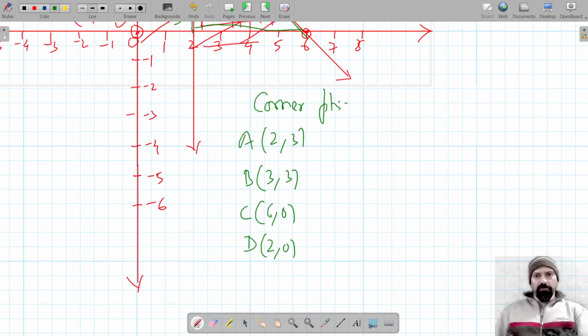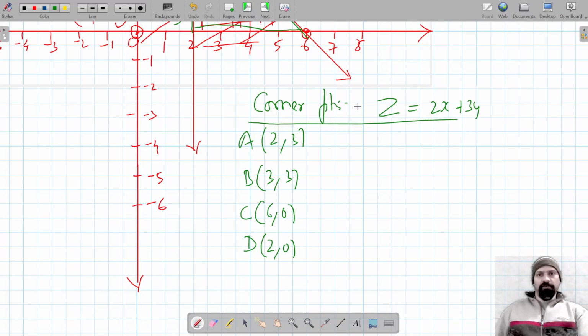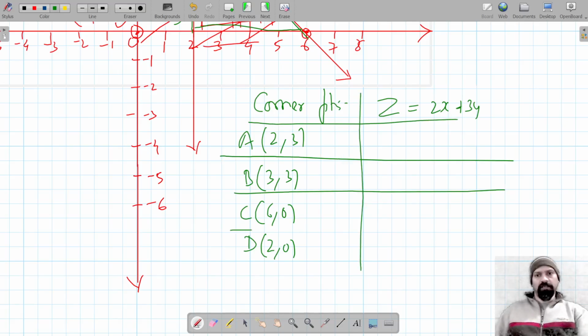Okay, so we have got the corner points, and let's see at which of these coordinates the value of z is maximum. So 2 comma 3, 3 comma 3, 6 comma 0, and 2 comma 0 are the corner points. Let's find out the value of z for these, which is 2x plus 3y. For A, 2 comma 3, it is 2 into 2 is 4, 3 threes are 9, which is 13.